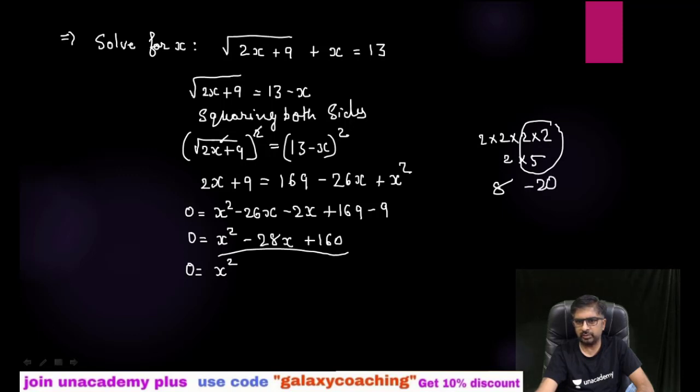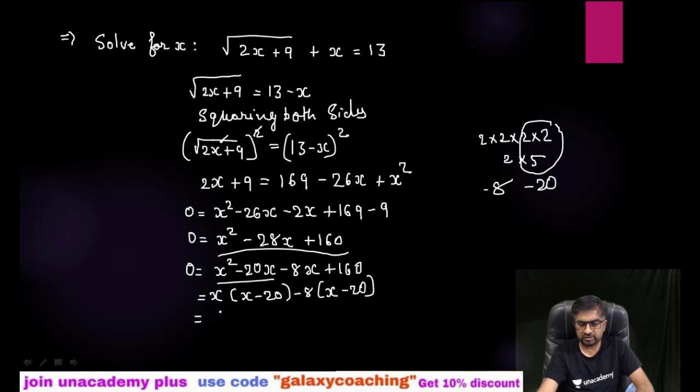Okay, minus 20 minus 8. So multiplication will become plus 160 and addition will become this. So minus 20x minus 8x plus 160. Now common from this will be x minus 20, minus 8 common, x minus 20.